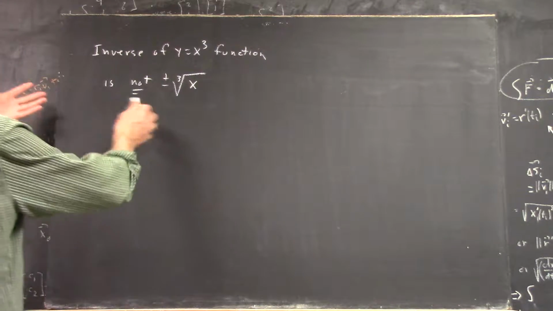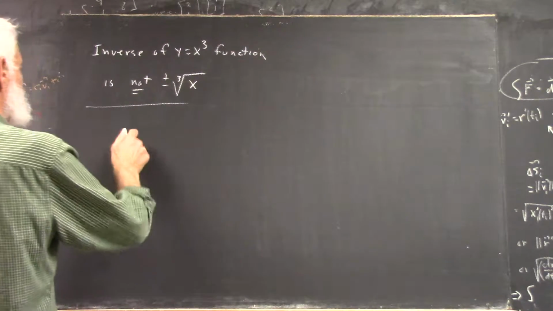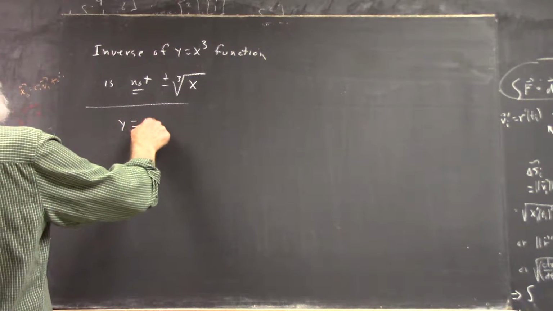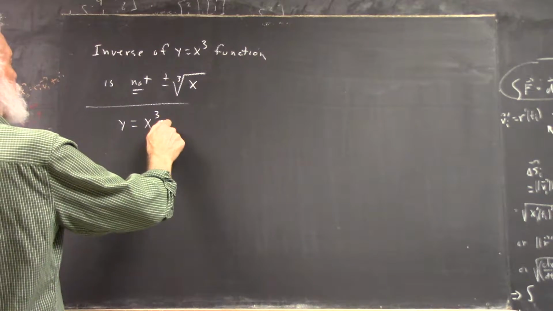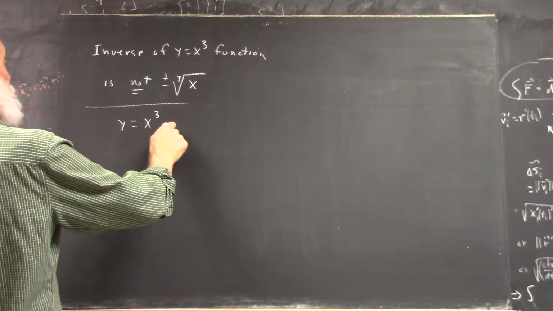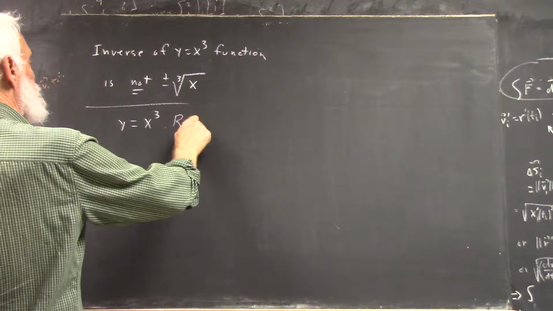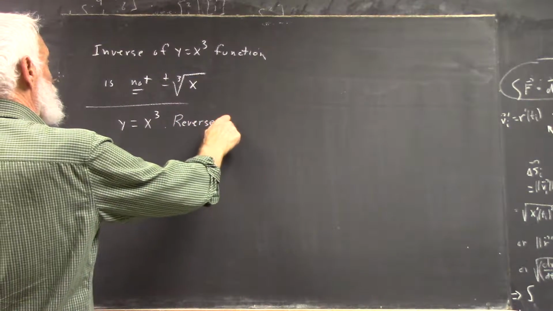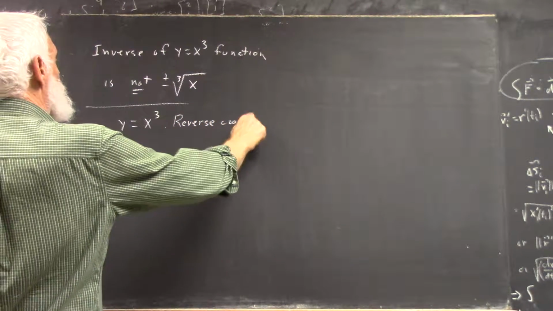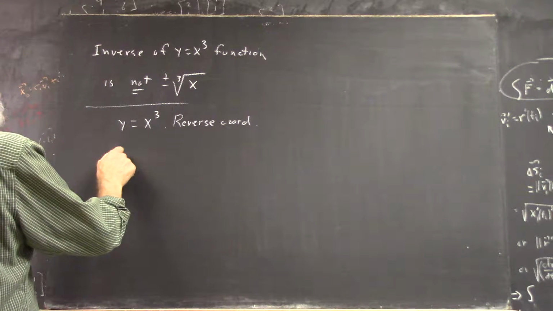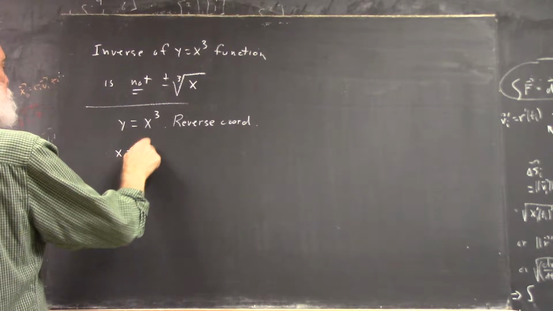So the way this occurs, you got y equals x cubed. You reverse the coordinates, you get x equals y cubed.